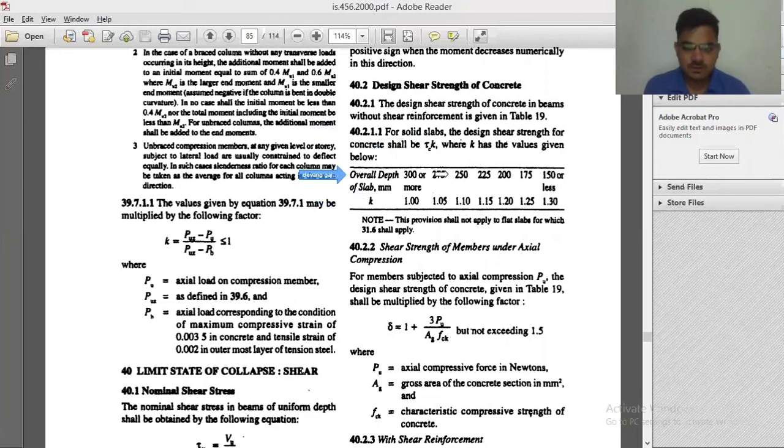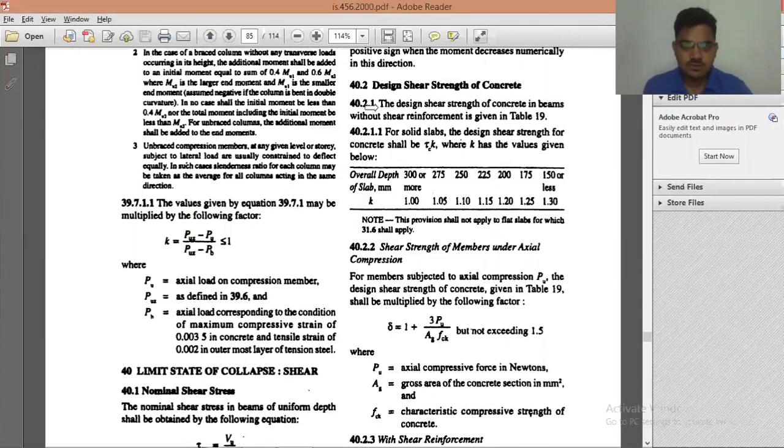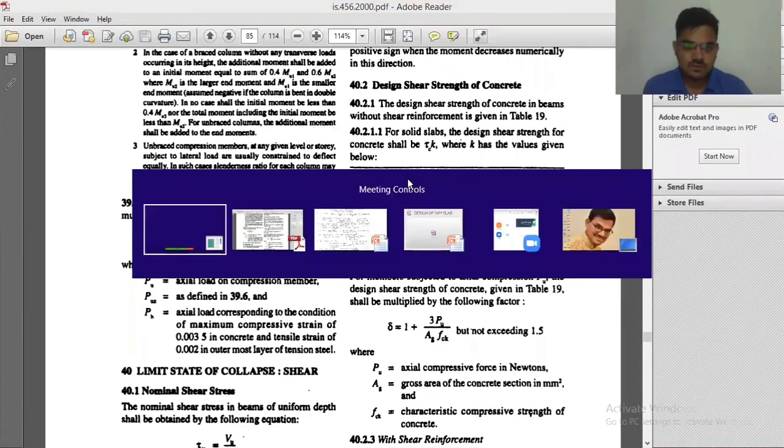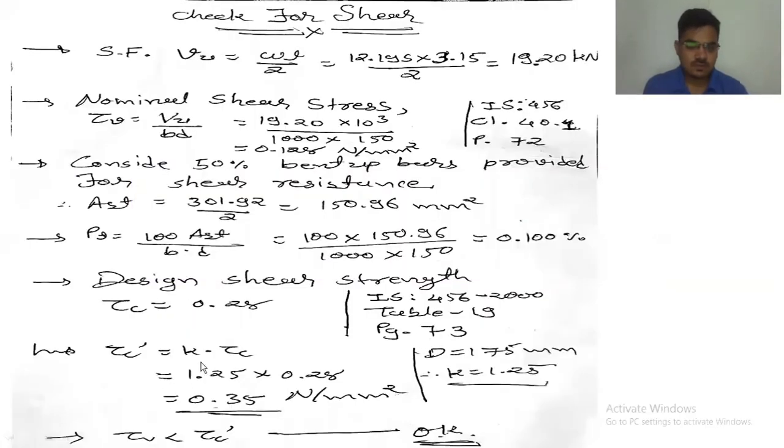Our overall depth of slab is 175, so the K value for 175 is 1.25. So K into tau c is 1.25 into 0.28, so tau c dash is 0.35 Newton per square mm. So our nominal shear stress coming on the slab is smaller than the design shear strength of the slab, hence it is safe.